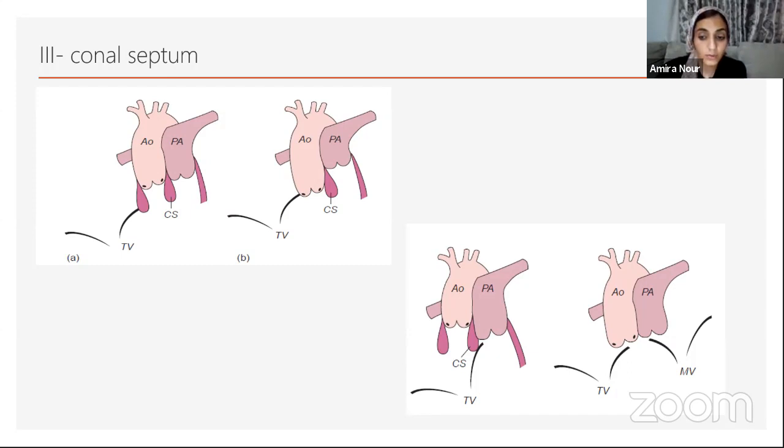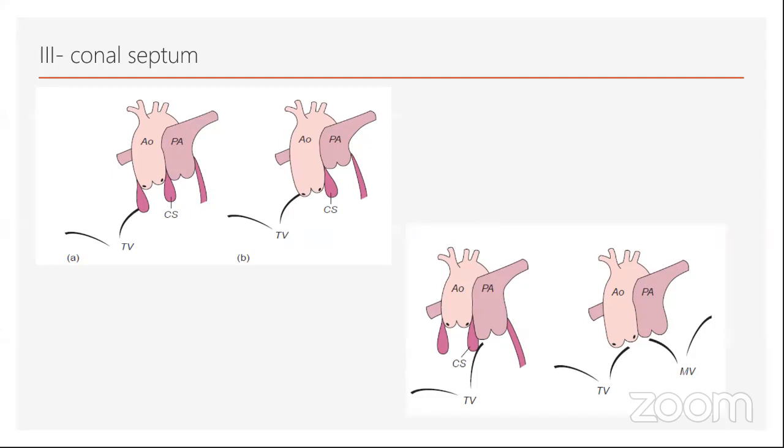Yes, I agree, because if the VSD is below the aortic valve, then the blood coming from the left ventricle will be mostly streaming into the aorta, while if the VSD is below the pulmonary valve, the oxygenated blood coming from the LV will be mostly streaming to the pulmonary artery. Usually with DORV with subaortic VSD, the great vessels are normally related.